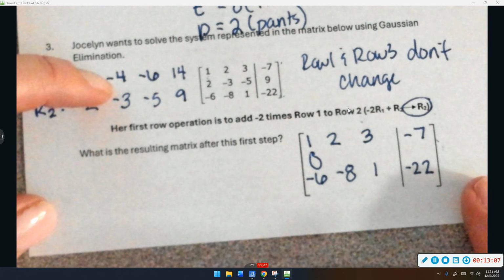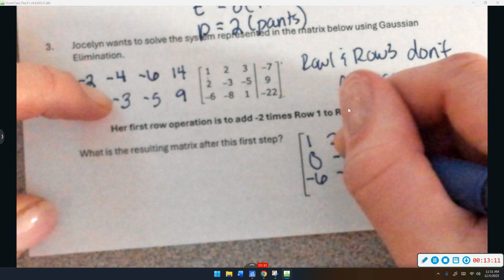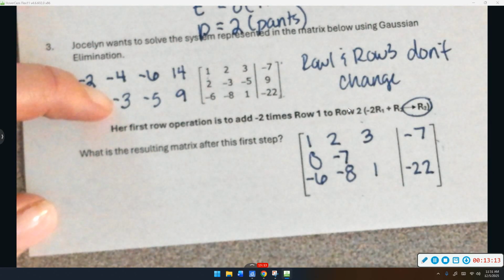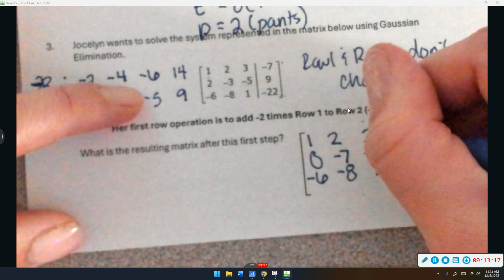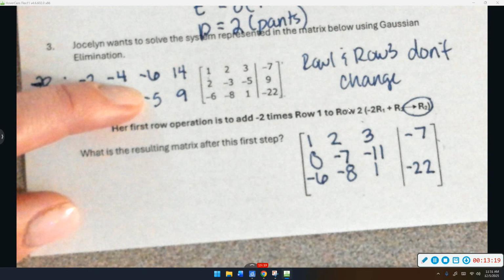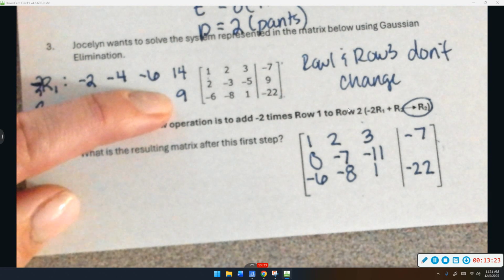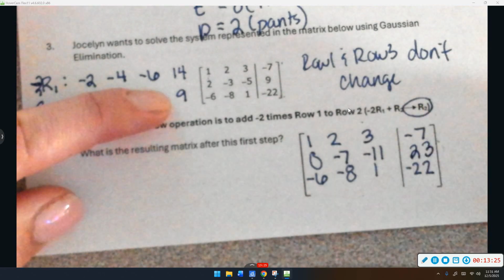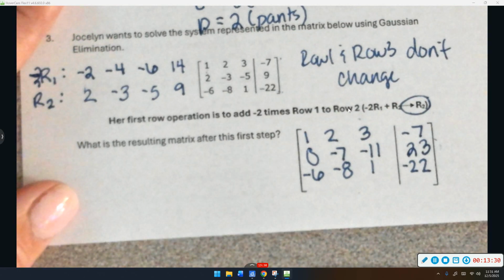And then -4 plus -3, that's -7. And then -6 plus -5, -11. 14 plus 9, that's 23. And that's all I need to do. That's it. That's all it was asking me to do.